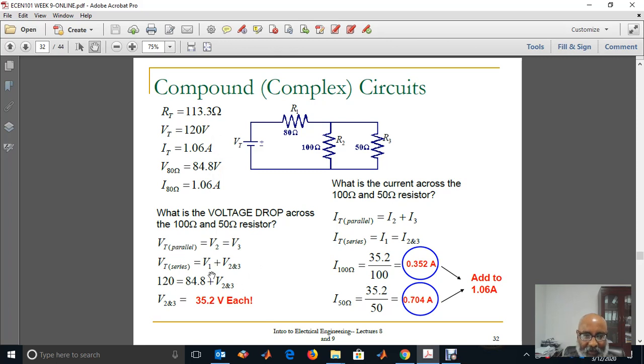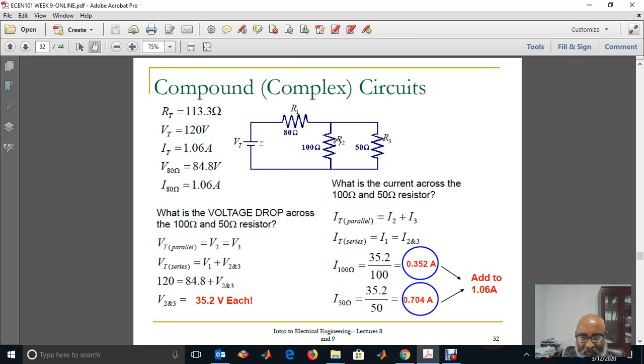Then the total voltage is the voltage across the 80 plus the voltage across resistor R2 or resistor R3, because they are in parallel, they have the same voltage. Therefore, 120, the total voltage, is V1 plus the voltage across resistor 2 or resistor 3. From this relation, we get the voltage across resistor 2 or resistor 3 is 35.2 volt.